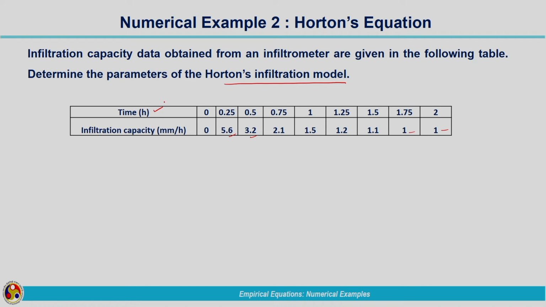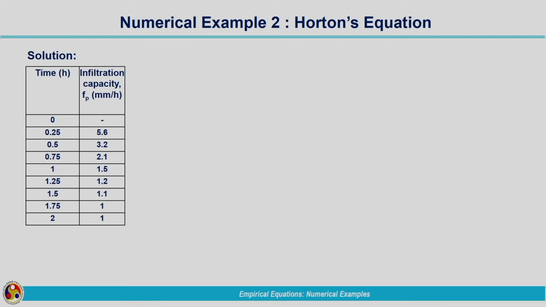Now we need to solve this problem, that is, determine the parameters of the Horton's infiltration model. Similar to what we did in the case of the Kostiakov equation, we need to fit the curve and find the Horton's parameters. Here you have been given the infiltration rate. In case cumulative infiltration is given, you need to calculate the infiltration rate as we did in the previous problem.